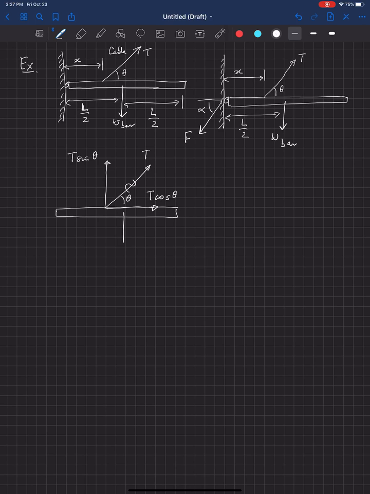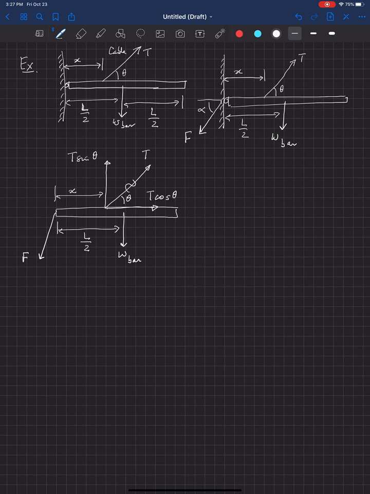There is, of course, this W bar, which is downwards here. We know that this distance here is x, and this distance here is L over 2. Okay, and now I have this other force. Let's call this F. This is the other force.